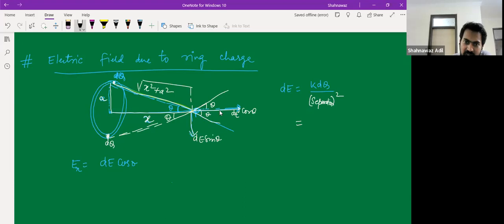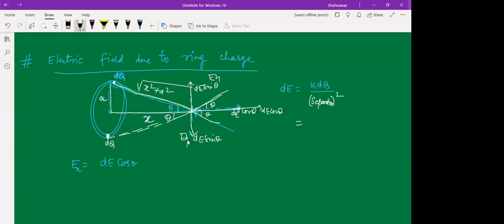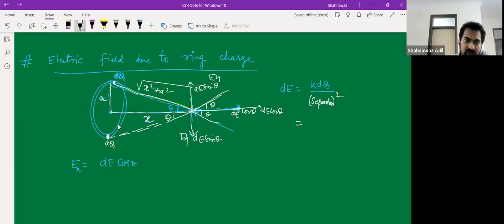Again, for this theta, we have dE cos theta and dE sine theta. So you see that the y component cancels, and only this cos theta will survive. When we do the whole integral, we have not written this factor of 2 here, because we will do the whole integral of this. Chavez, any question?